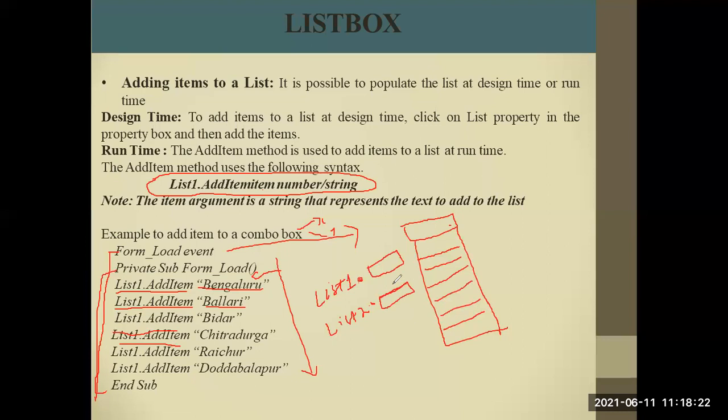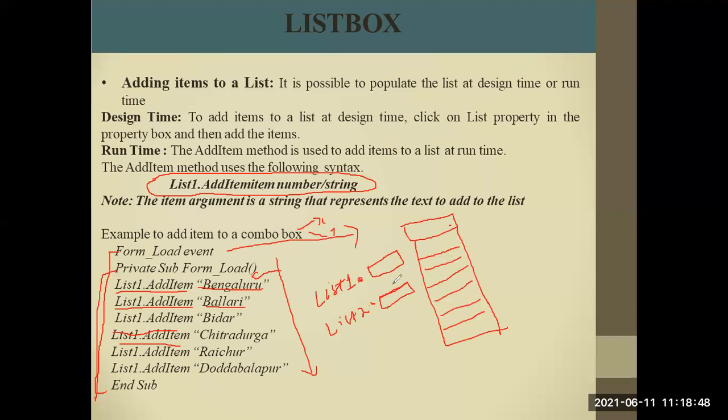If you want to add string type data, then there will be a string argument. And if you want to add numeric type data, then it will be a numeric argument. So it depends upon what type of data we are adding. And the next thing you have to remember regarding this, the adding can be performed at design time as well as at runtime. Fine.